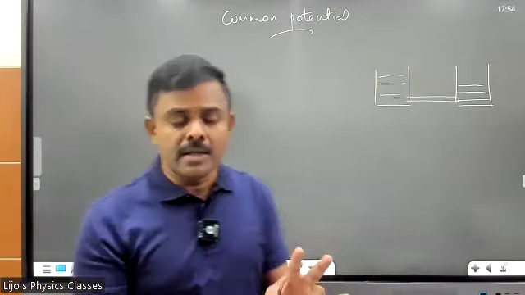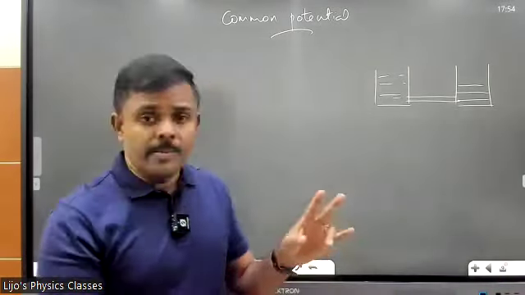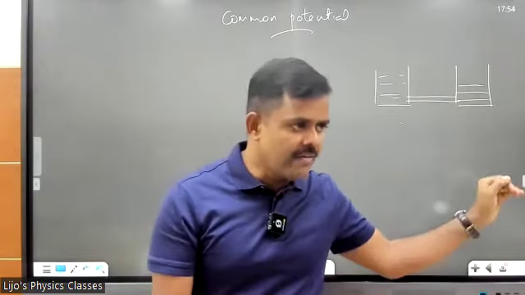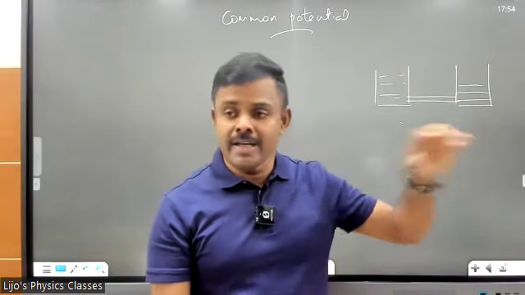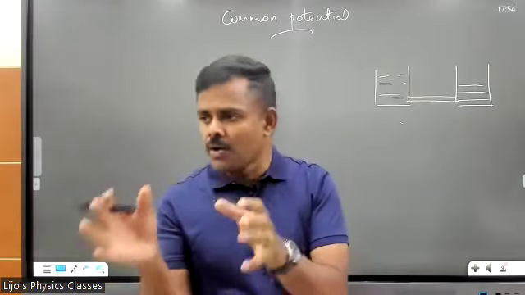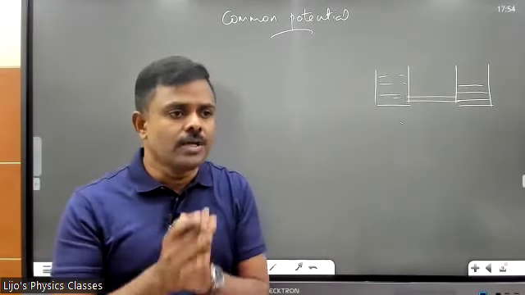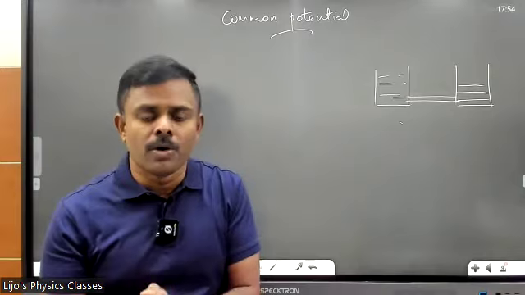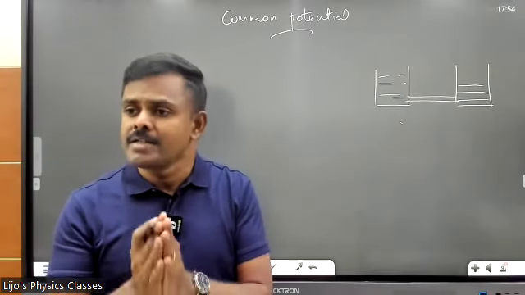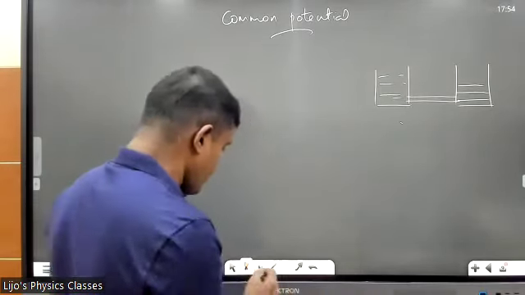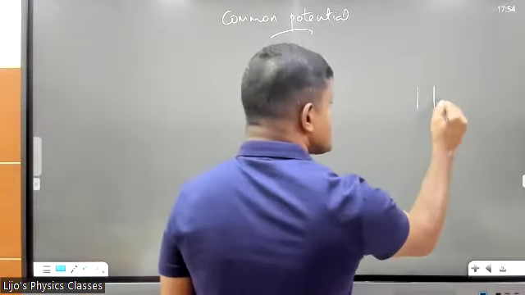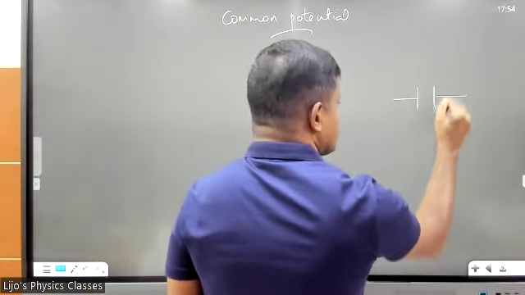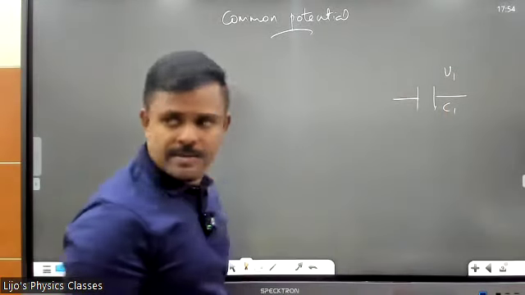So did you notice something? In one case, water flows from higher level to lower level till both have a common water level. In the other case, heat flows from higher temperature to lower temperature till both have a common temperature. Similarly, I'm going to take a capacitor this time. This is capacitor C1, charged to potential V1.